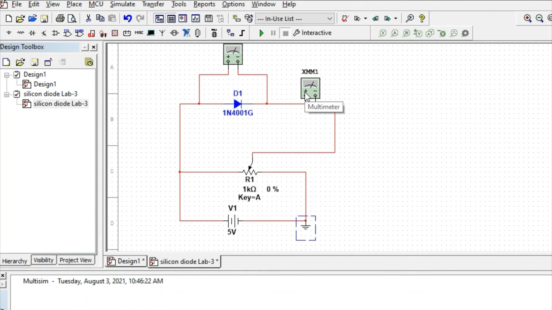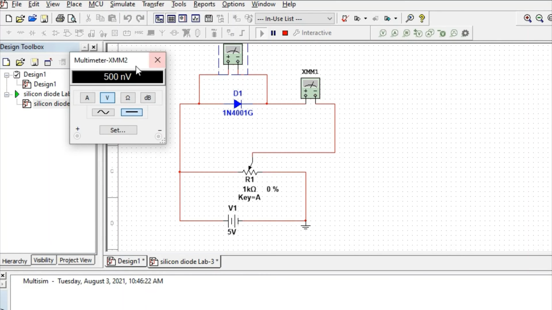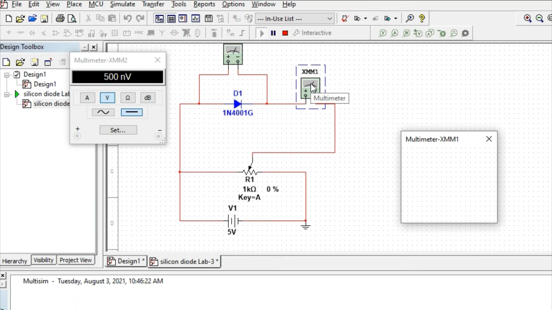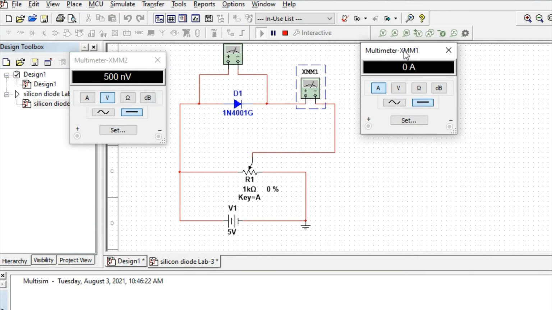So as we run the circuit here, we can see that at 0%, this does not allow any current to flow through this part, so the voltage is nearly 0 as well as current is 0.